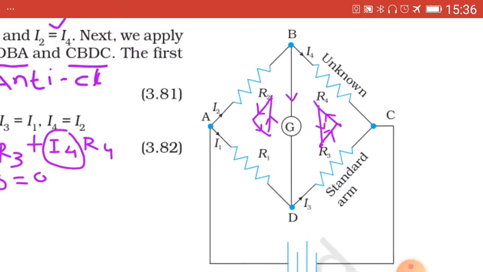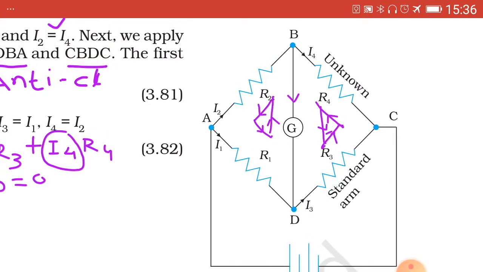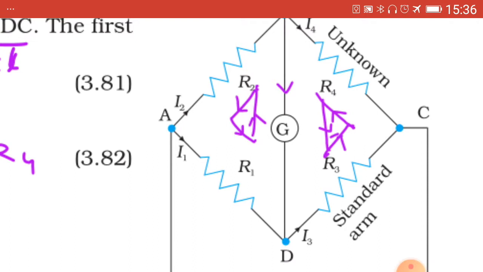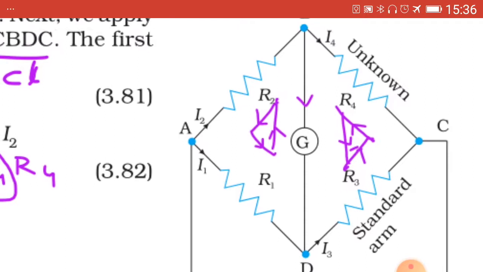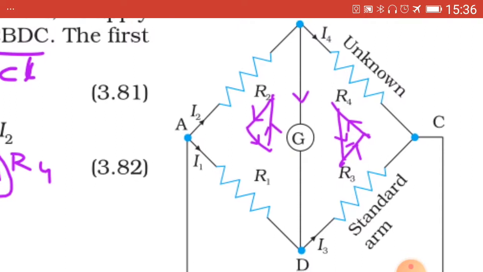Here, as in the figure, we see that R1, R2, R3 and R4 are the four resistors in the form of a quadrilateral. Now I1 is the current passing through R1. Similarly, I2 through R2, I3 through R3 in the lower branch from D to C, and I4 through R4.